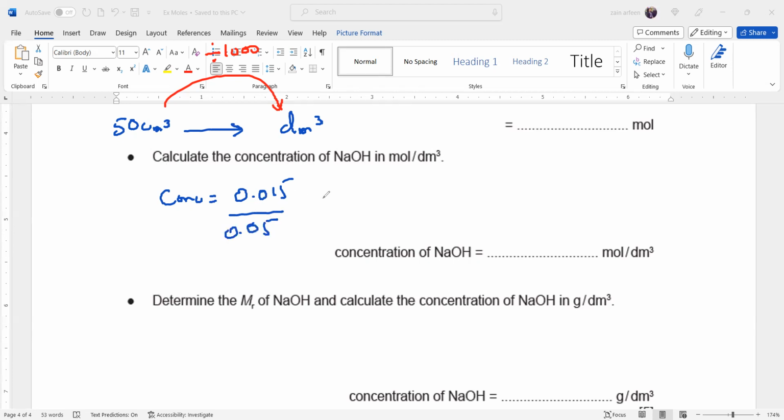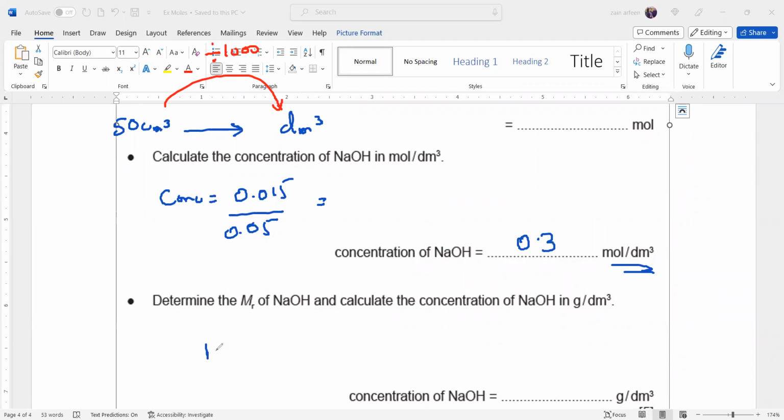So 0.015 divided by 0.05. What's the answer for this? So we'll get 0.3 moles per dm cube as the concentration.